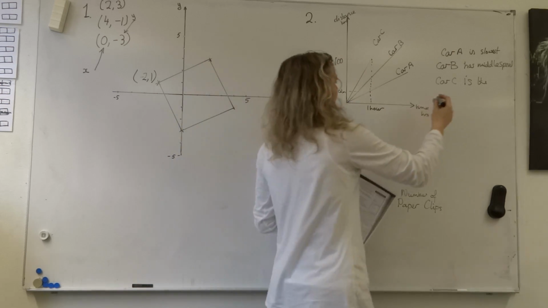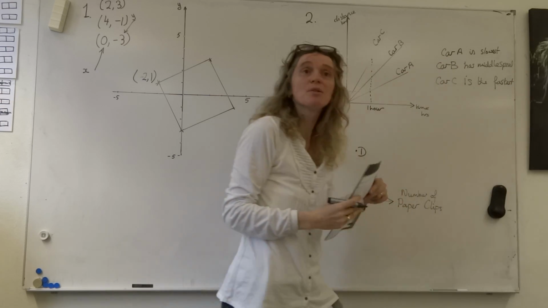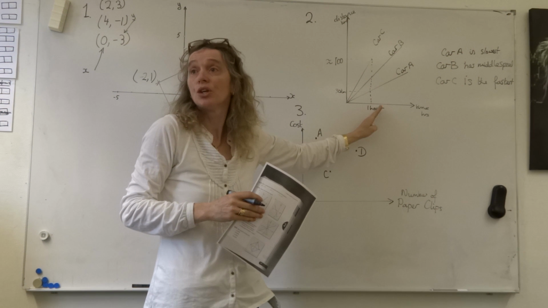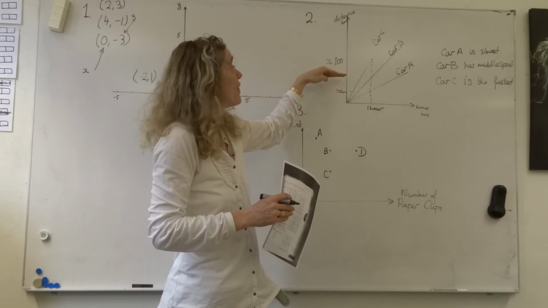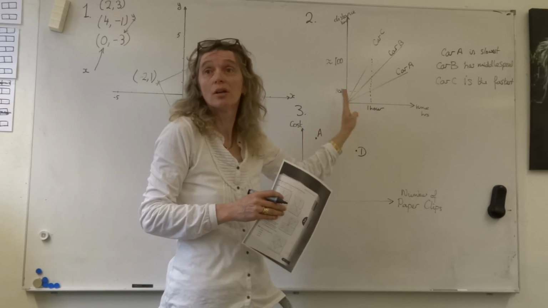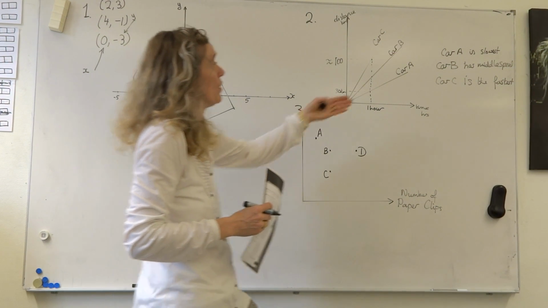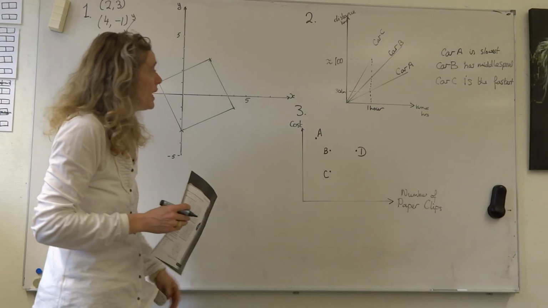Maybe this guy was speeding. But sometimes when they give you these coordinates, it just helps to sketch something in yourself. Take either a time or a distance and see, for that distance, how long the cars have gone. It gives you a good idea. Take some easy numbers, and that helps. So car A is the slowest, car B is the middle, and car C is the fastest.